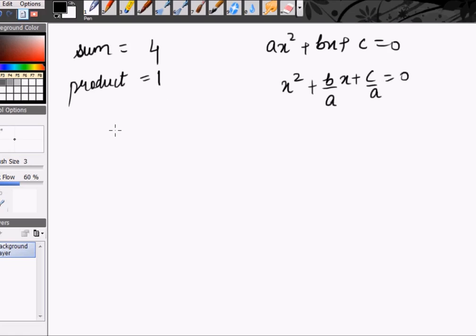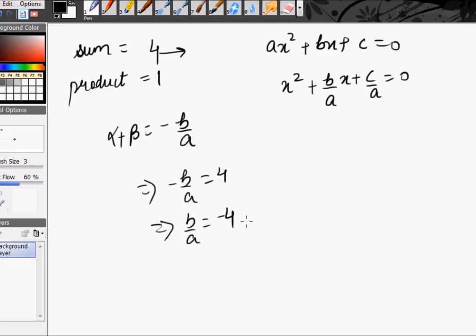Now sum, that is alpha plus beta, is nothing but minus b over a. Therefore minus b over a from this part equals 4, implies that b over a equals minus of 4. Similarly, product alpha beta equals c over a, which is equal to 1.